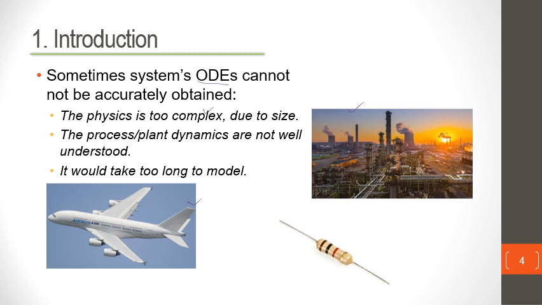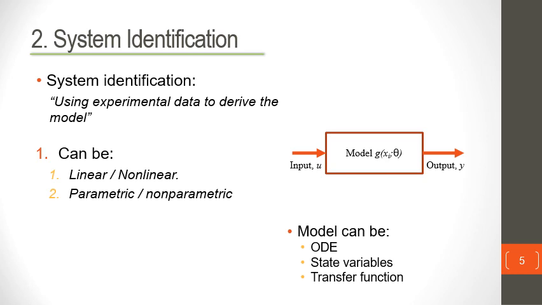Sometimes the process dynamics are not well understood as the process or some of the equipment in the process start to age, the dynamics are changing. There are some differences between how the system operated when it was brand new, as compared to now that it has got some wear and tear. Or sometimes it could be that the modeling process could take too long. So you need system identification in this case.